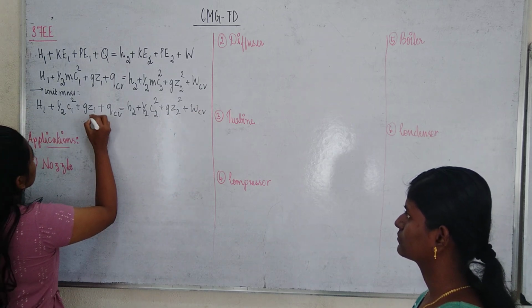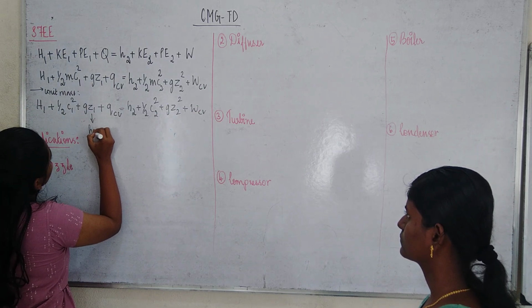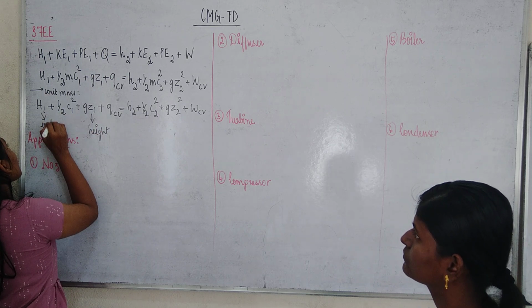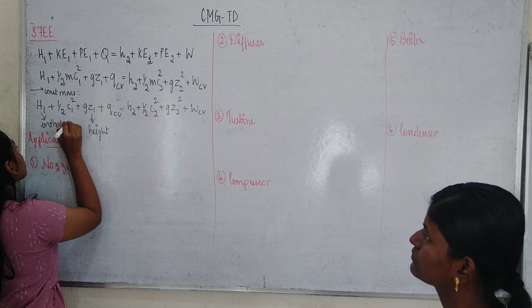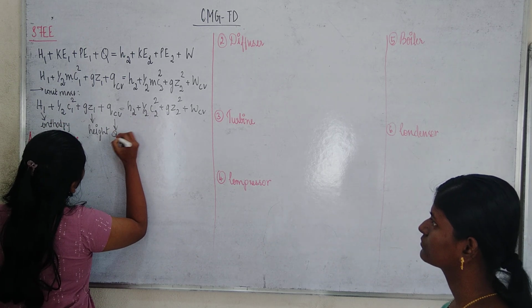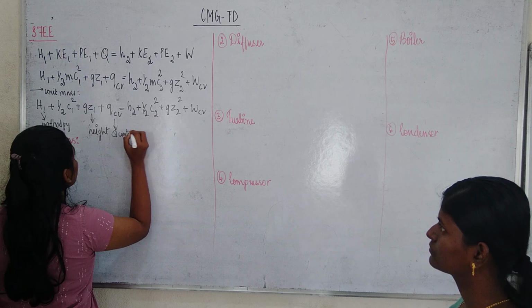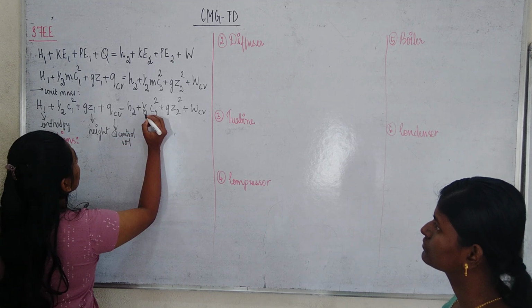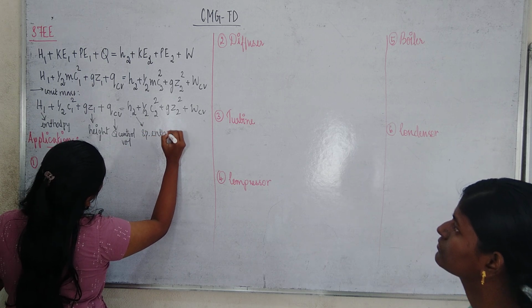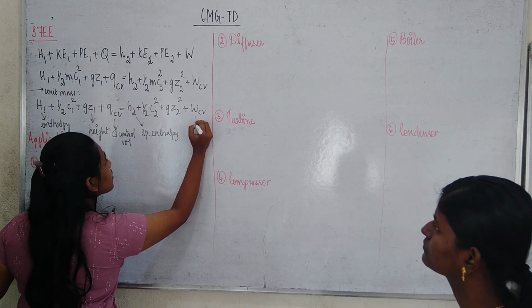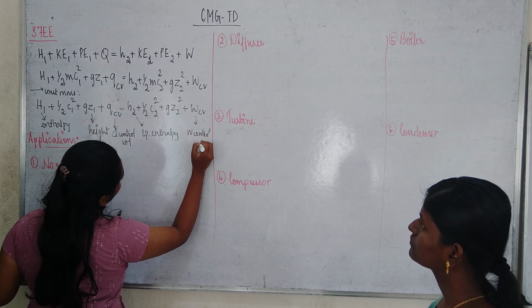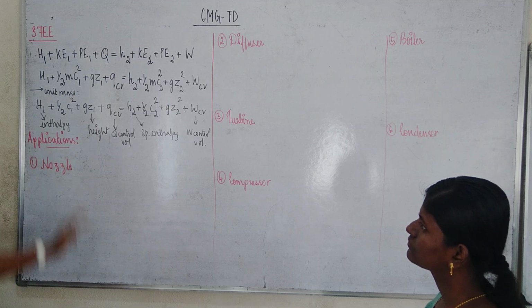Here Z shows height, H shows enthalpy, and Q is heat added at control volume. H2 is specific enthalpy and W is work done at control volume. So this is the steady flow energy equation.